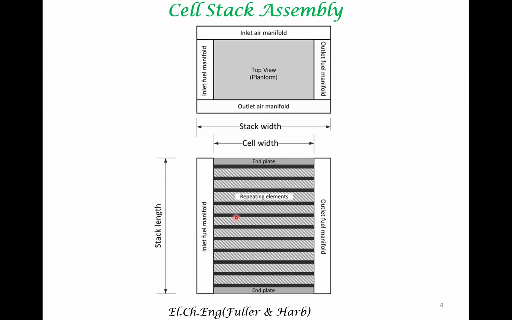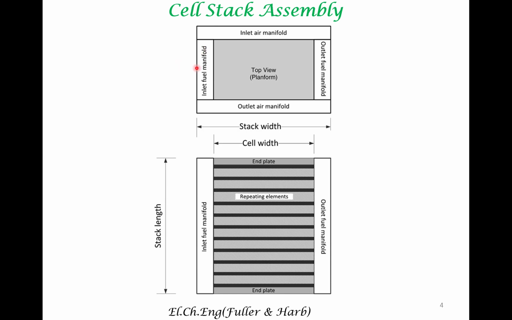To get an idea of the volume of a fuel cell stack, this picture is useful. There are some jargons which are not too important. What is important to understand is this area is a measure of the electrode surface area. So manifold means a way to distribute gases.